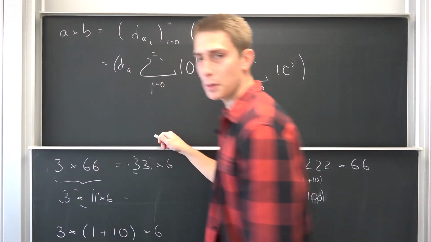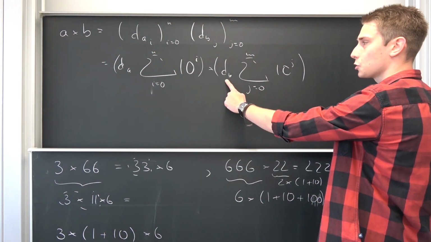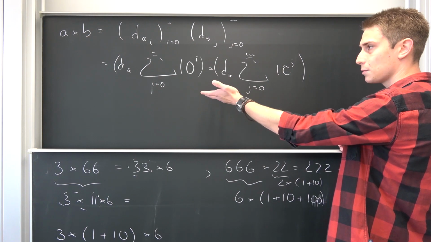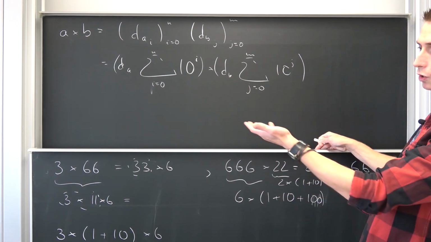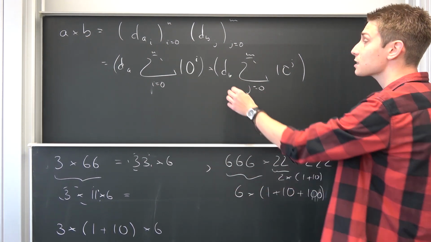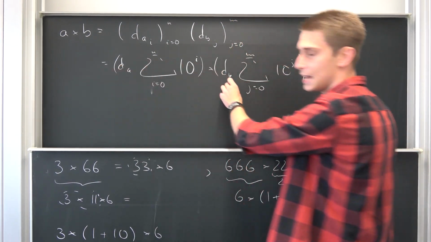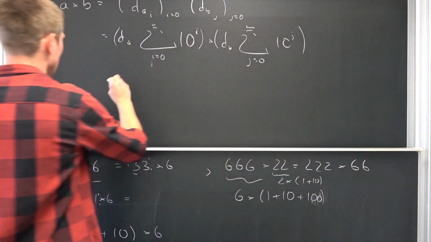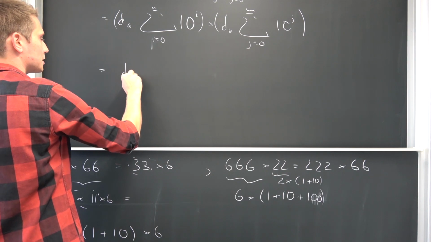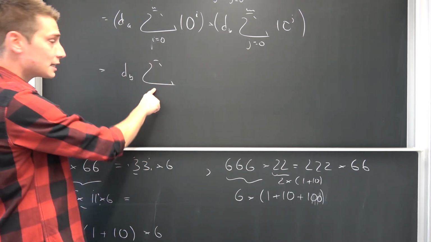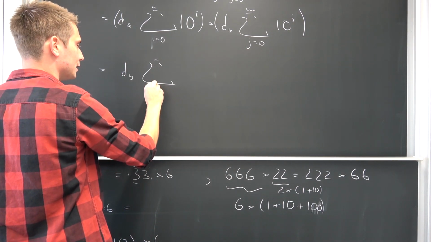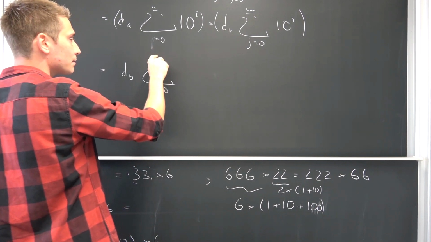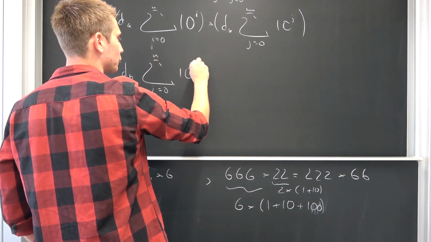And well, here we basically go. Now we are just going to use the abelian property of real numbers, or integers in this case, dB to the front and dA to the back, leaving us with dB, this time running over the i index, i being equal to 0 to n, 10 to the i-th power.